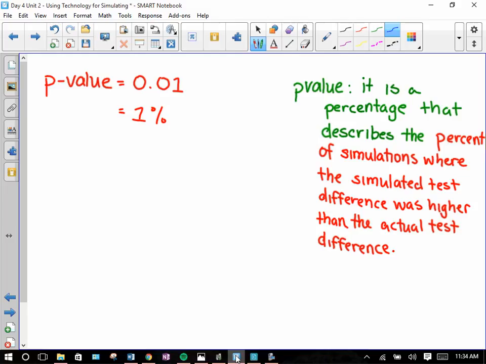Okay. So, what does this p-value describe, or how can we interpret this?